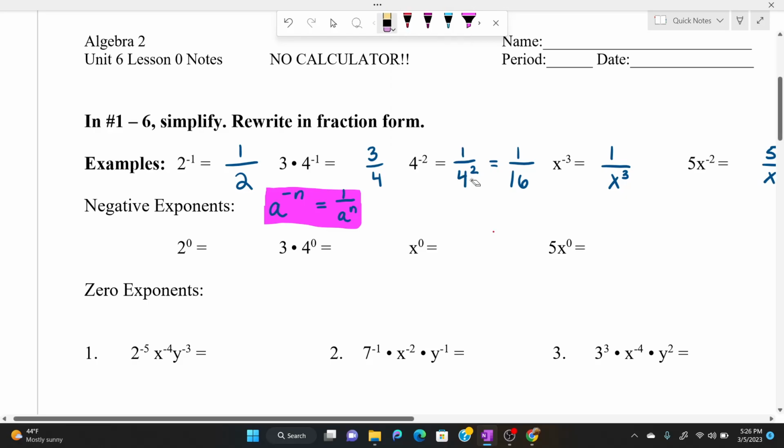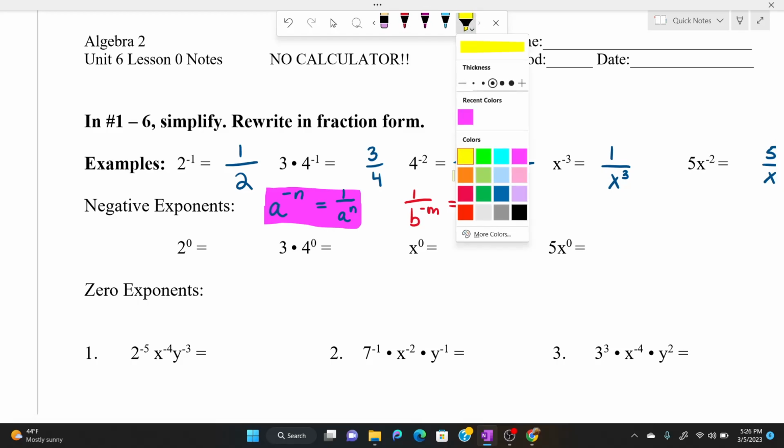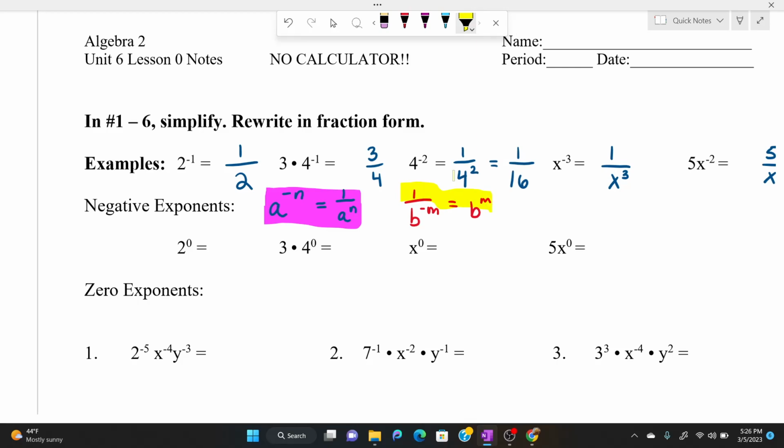So if it's a number, you raise it to the negative exponent, you put it in the denominator, and you make it positive. If it's in the denominator already, like let's say 1 over b to the negative m, well, then I will put it in the numerator. So that is the same as b to the m. Okay, so those are the two ways I think of negative exponents.